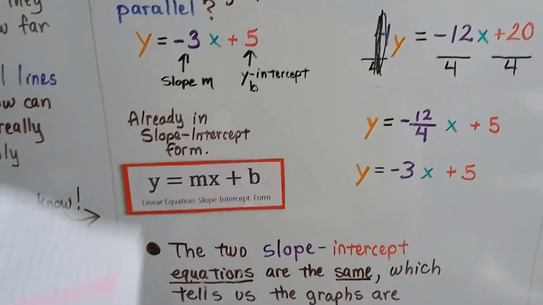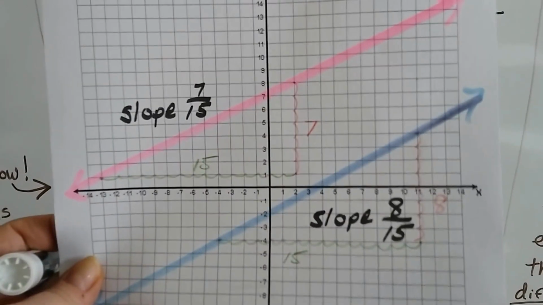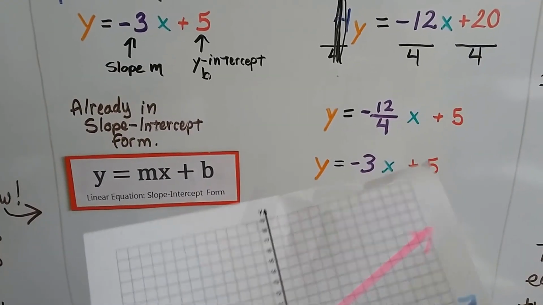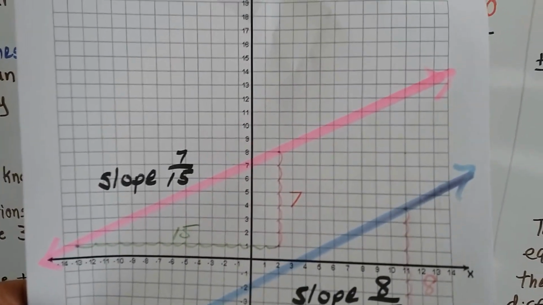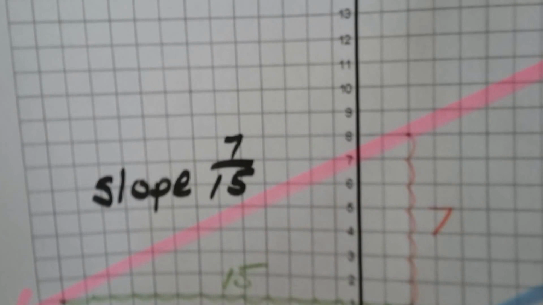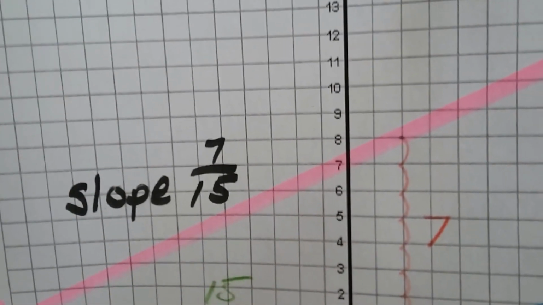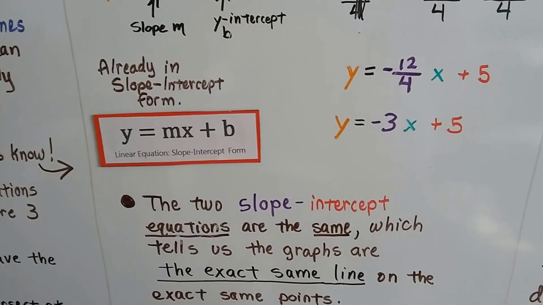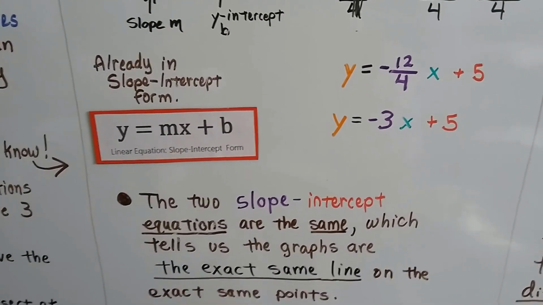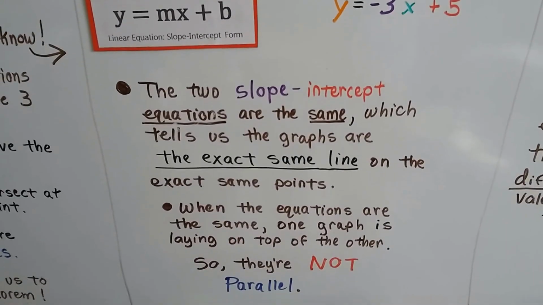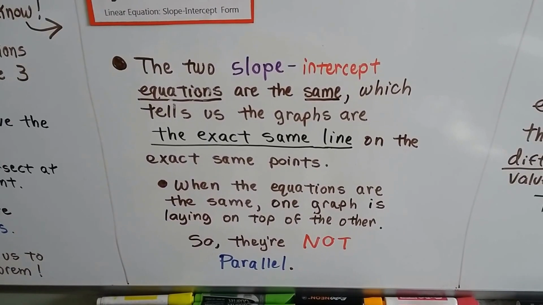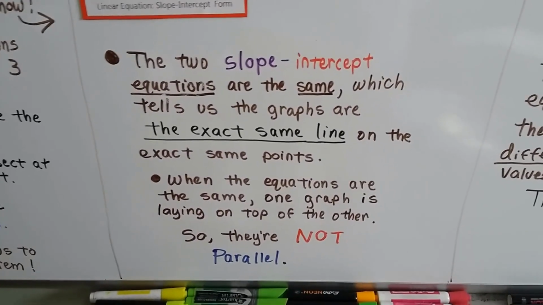So if they both had a y-intercept of +5, that means they're both going to hit +5 right here on the y-axis. See? If they both are hitting the y-intercept at exactly the same place with the same slope, it's going to be exactly the same line. When the equations are the same, one graph is laying on top of the other. So no, they're not parallel.